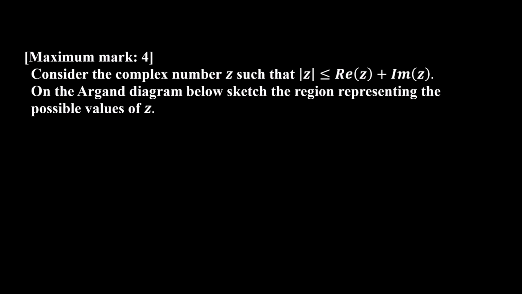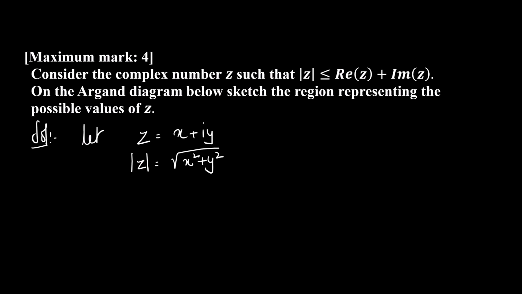Let's understand this. Let's take the complex number as z, and I've taken z is equal to x plus iy. So we know that mod of z is simply root of x square plus y square. What I'm also saying here is that root of x square plus y square is less than x plus y.